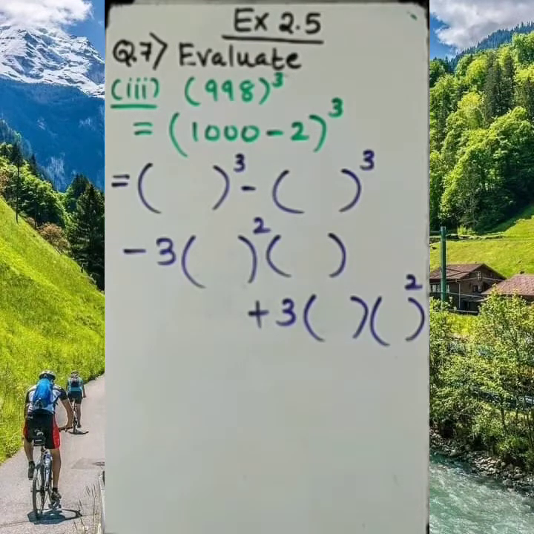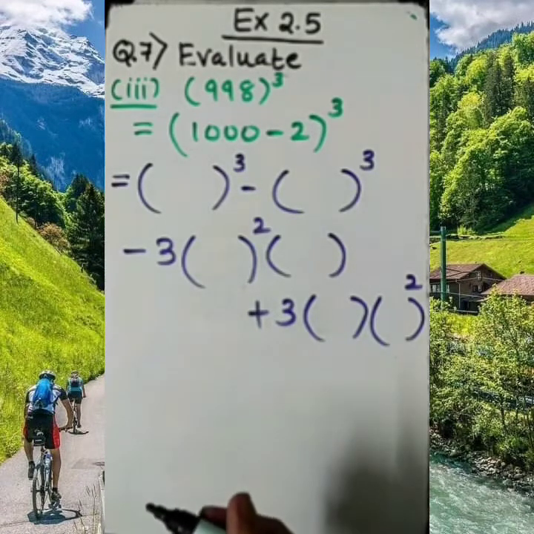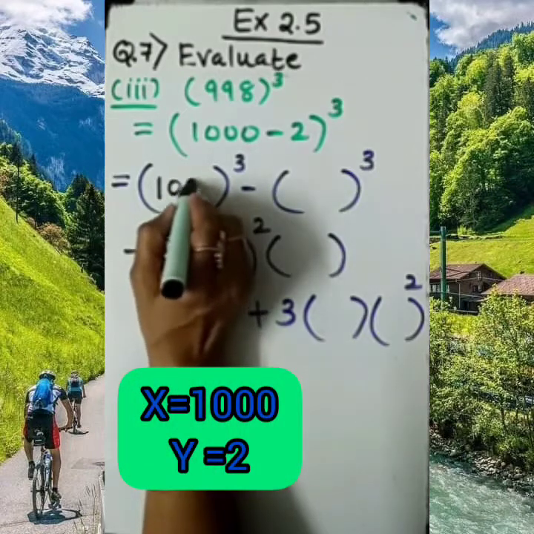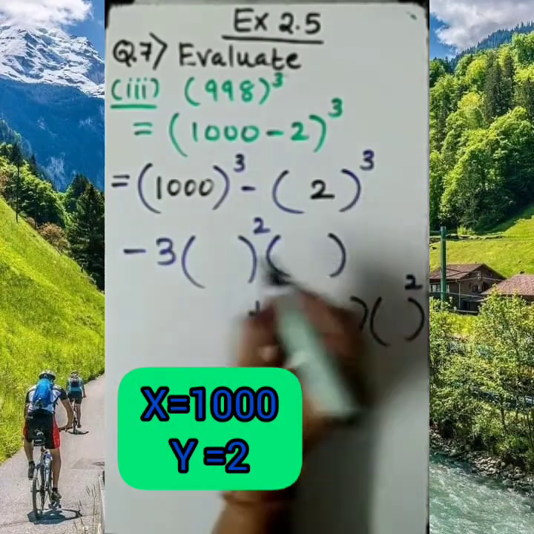So simply, you can say a equal to or x equal to, whatever you feel convenient to remember as an identity. No matter for that. Now, what is the first term? That is a we are considering. Then here it is 1000, here 2.